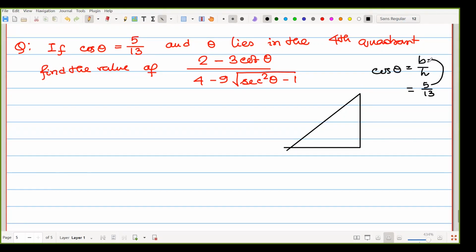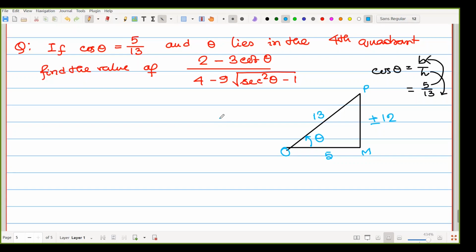So base is equal to 5, h is given as 13. So here we are writing hypotenuse as 13, base as 5. And from the previous example, that is our O, that is our M, that is our P, that is our theta. So that must be plus minus 12, not plus 12 only.